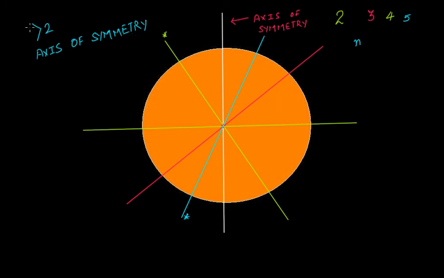If you have more than two axes of symmetry, then that figure will be called having multiple axes of symmetry, like in this case and like in this case.